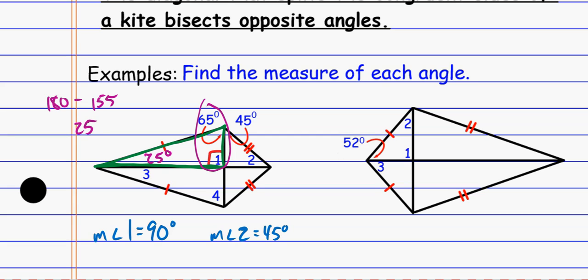And this is where that second property comes in. That second property says that the diagonal that splits the congruent sides bisects the opposite angles. So I need to identify which diagonal that is. For this particular example, it's that longer-looking diagonal, this one right here. That one splits the congruent sides. It goes in the middle of these 2 sides, and it also goes in the middle of these 2 sides.